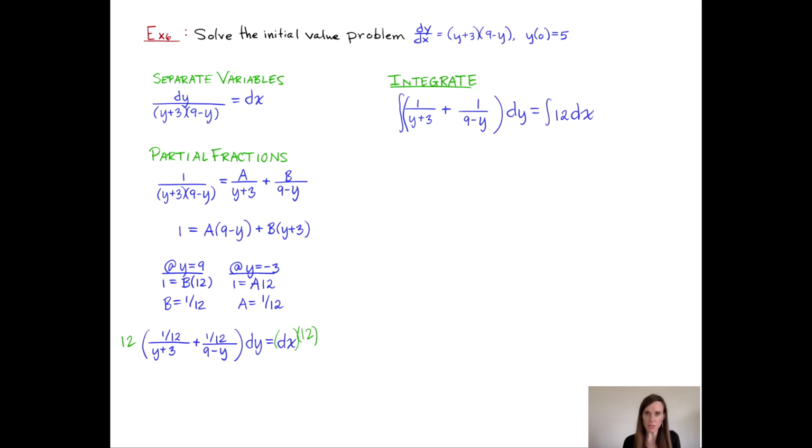So we know how to integrate this now. The integral of 1 over y plus 3 is the natural log of the absolute value of y plus 3, and then minus the natural log of 9 minus y. So don't forget your chain rule, that when you're integrating this 9 minus y, you do need to pull out a negative to the outside. And that is equal to 12x plus C.